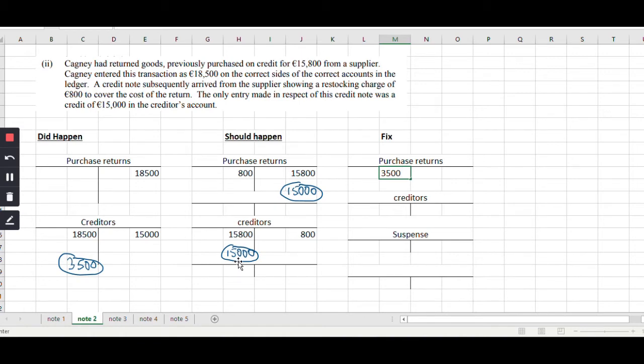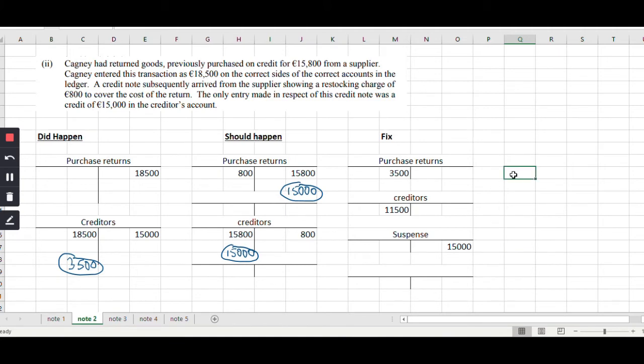We want it to be 15,000 on the debit side. So we're going to have to debit 11,500. As you can see, we need to put in the suspense account to balance things here, 15,000. So both sides now, the debit side is 15,000, the credit side is 15,000.